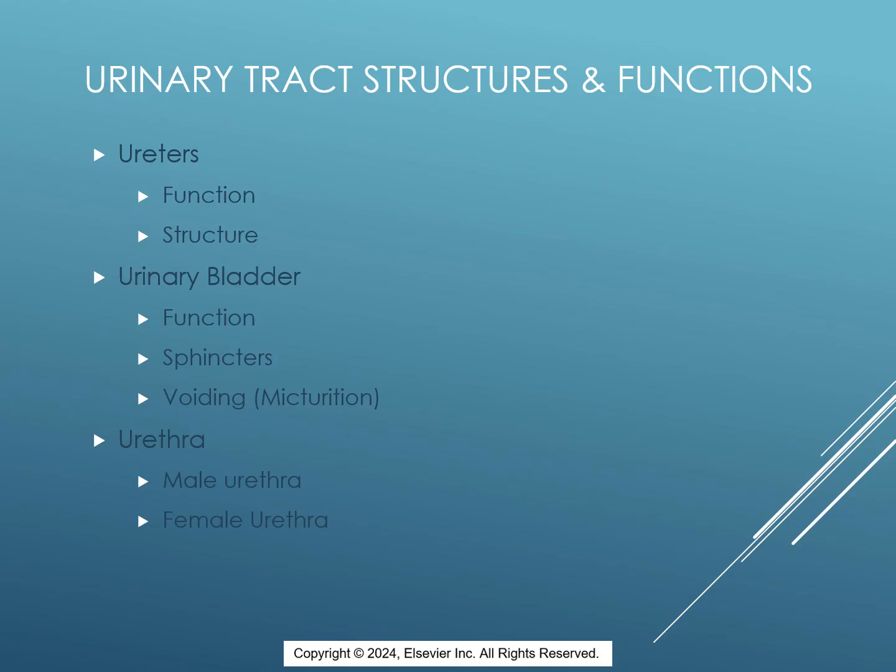And the cavernous urethra goes through the penis. The female urethra is 1 to 1.5 inches, which is only 2.5 to 3.75 centimeters. The meatus is located below the clitoris, in front of the vagina and rectum.